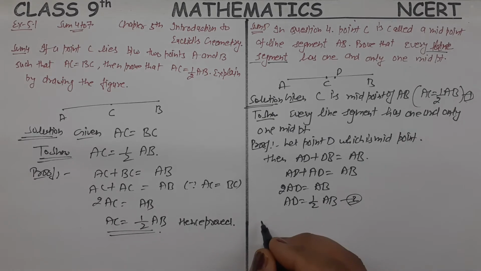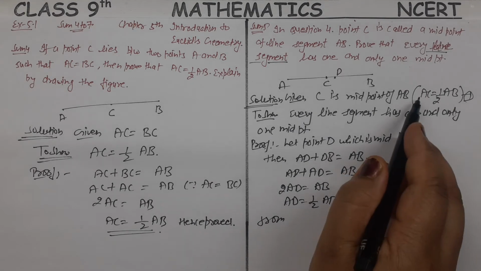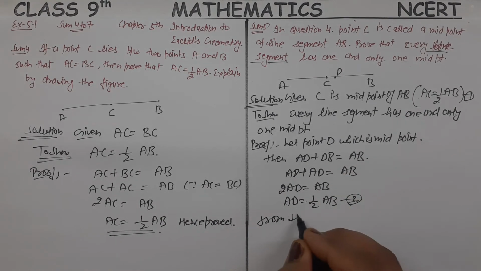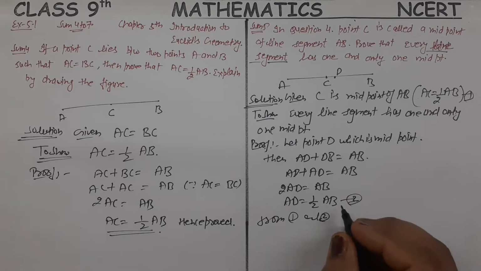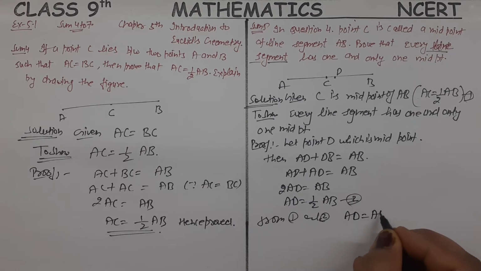From 1 and 2, both are equal to half of AB, that's why AD is equal to AC.